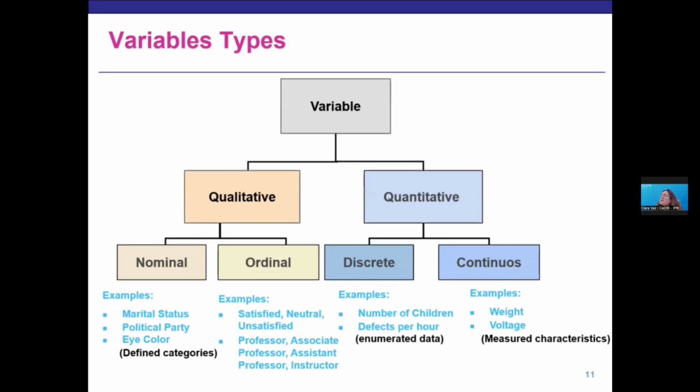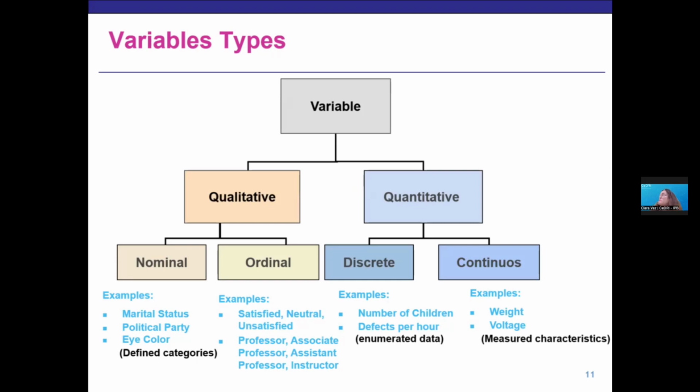In this process, the first thing that the decision maker should take into account is the type of variable, because we have different natures of variables. So what is data? Data represents some numbers or some categories.